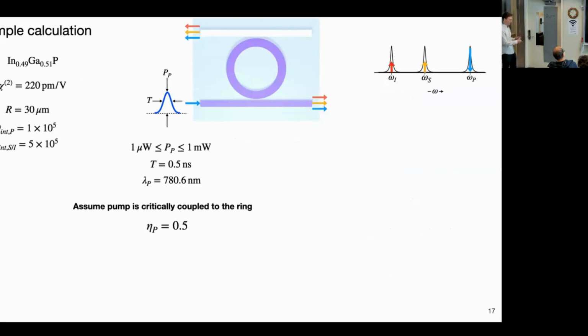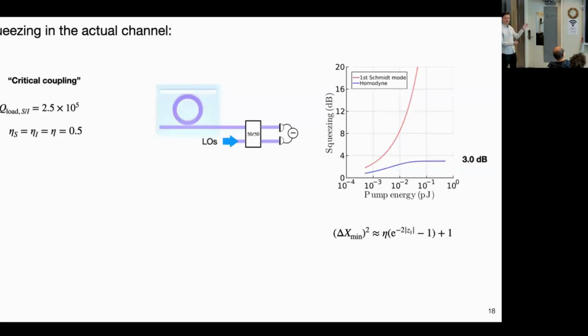So if there was no scattering loss, this eta would equal 1. Maybe that's the best way to explain that. I see. So this eta equals 0.5 only shows up if we have scattering loss.